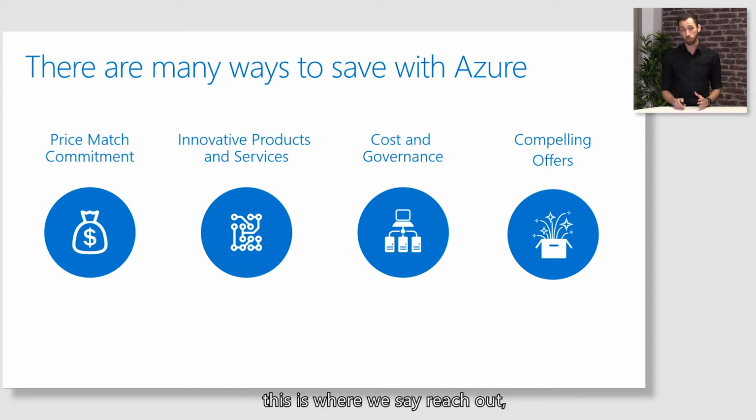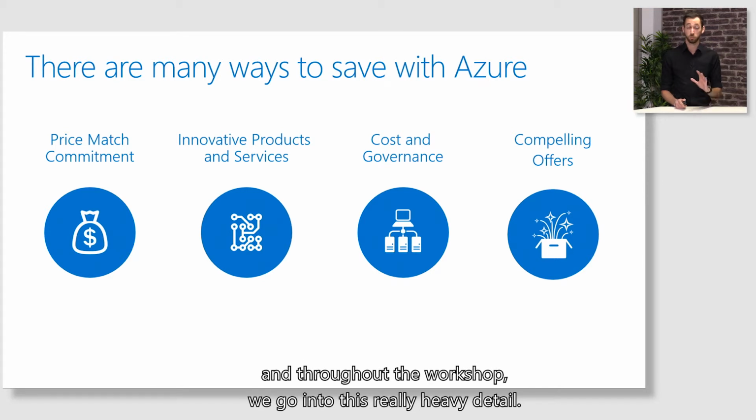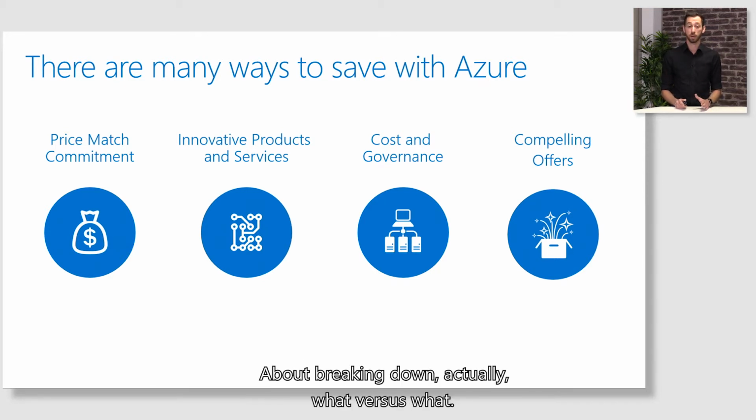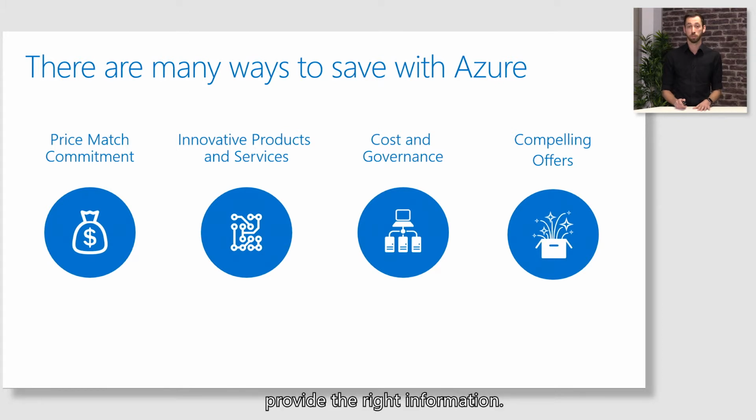This is where we say reach out, and throughout the workshop we go into heavy detail about what would work out the best cost model for each business, because every business is different, every customer is different, and it's key that we as partners, customers and vendors provide the right information.